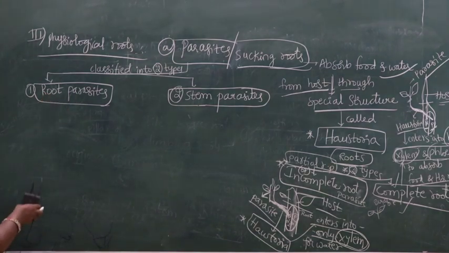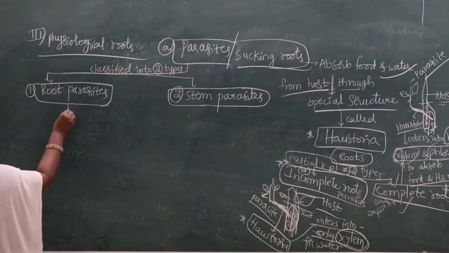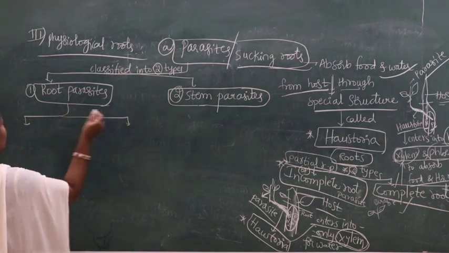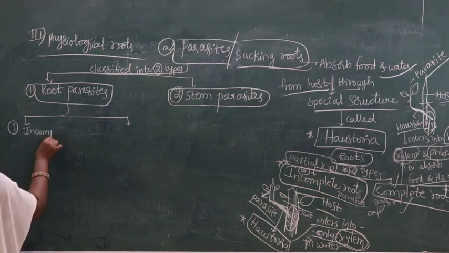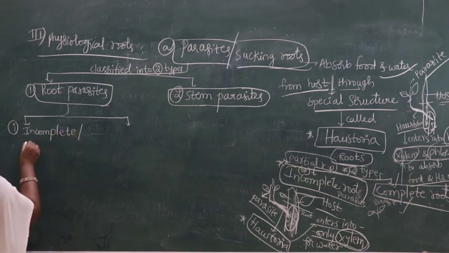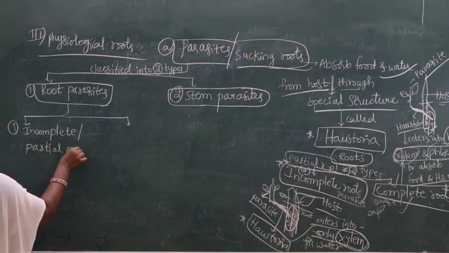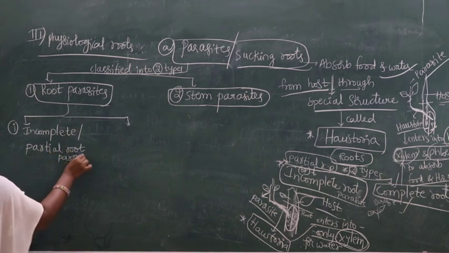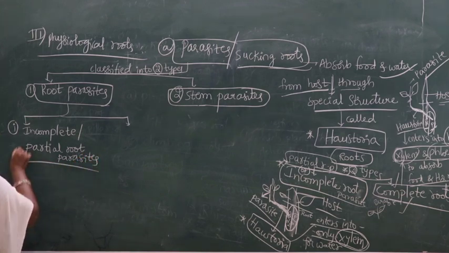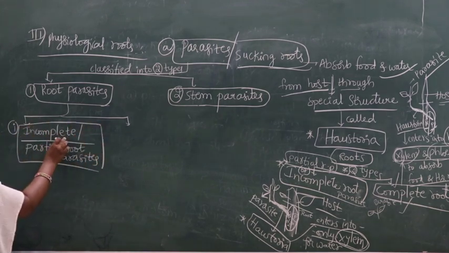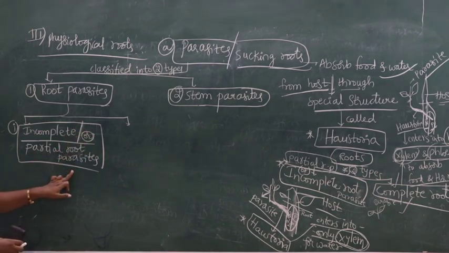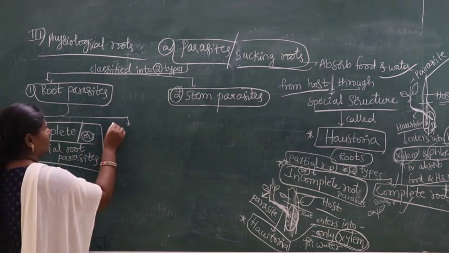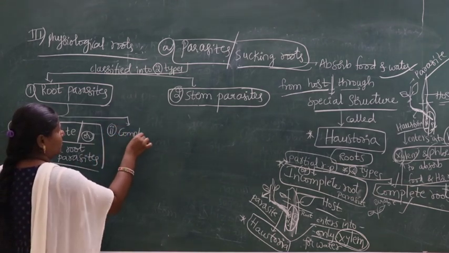Now, if you look at root parasites, they are further divided into two categories. Here you can take incomplete or partial root parasite. What is the first category? Incomplete or partial root parasite. What is the second category? Complete root parasite.